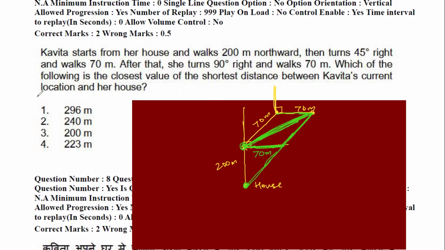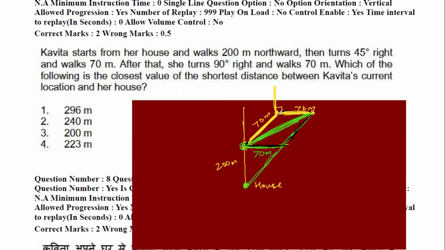If I look at this black color thing, this is more like 70 meter, 70 meter, 70 meter, correct? This is the yellow portion that she traveled. She traveled at a 45-degree angle, right? And then turns right like this at 90 degrees. And then turns 45 degrees and walks.